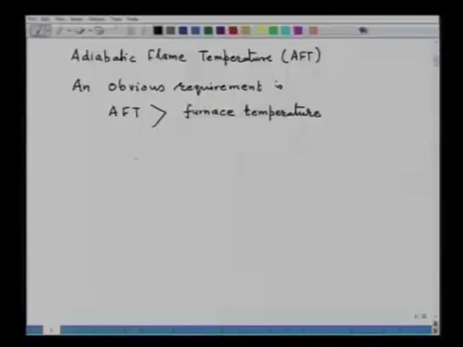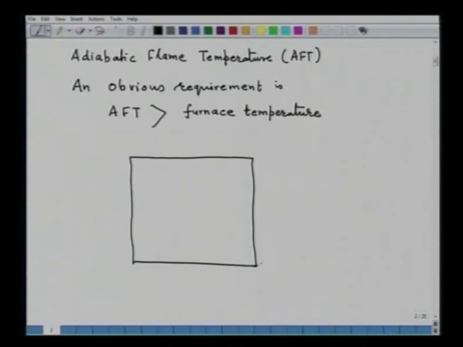We have also seen earlier that adiabatic flame temperature decreases with excess air above the stoichiometric amount. In fact, I will once again draw a schematic. Here I will take AFT, you can take it in degrees Celsius or Kelvin, it doesn't matter, and here I take percentage of theoretical air.